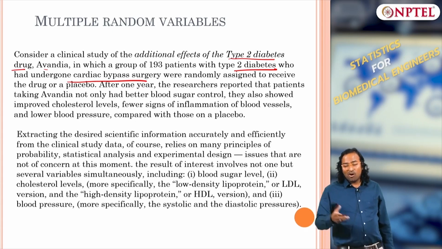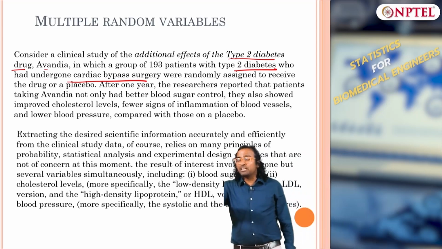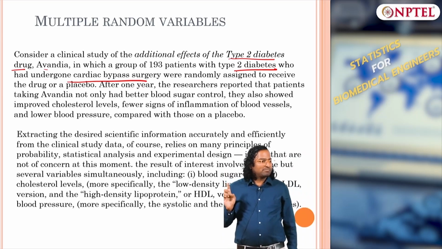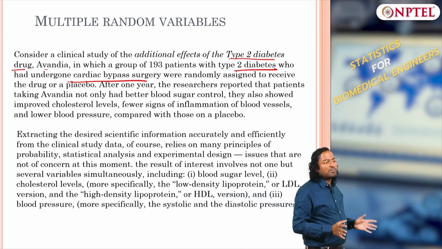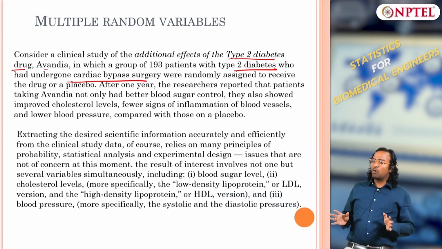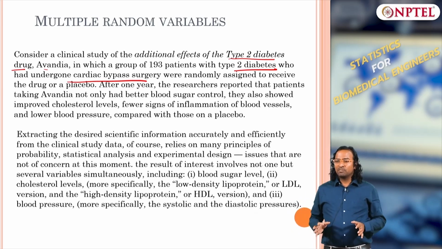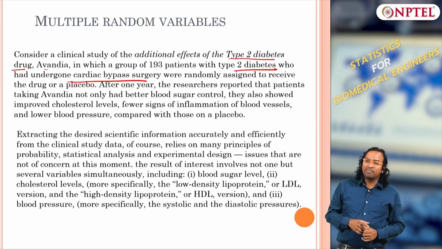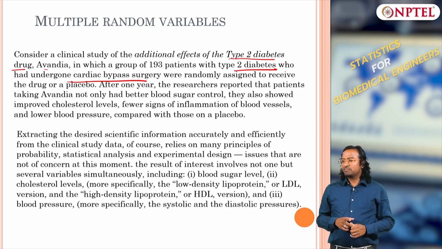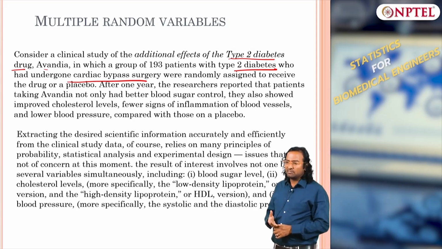So all are interconnected random variables influencing the outcome. That is where the involvement of multiple random variables comes in. Any problem in the body you take is typically a multivariate problem. You will hardly think about 2 random variables or 1 random variable at a time in biomedical engineering. Many variables are connected.